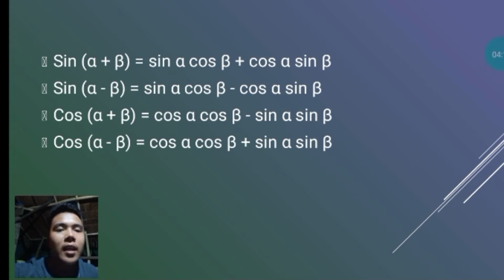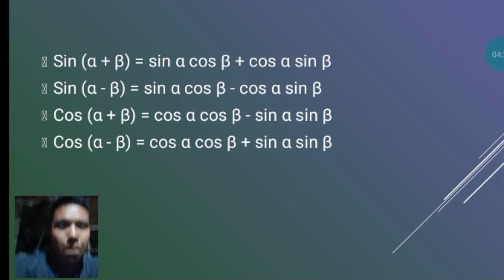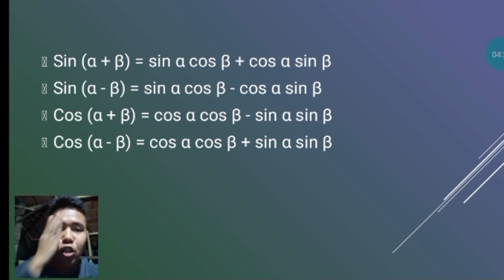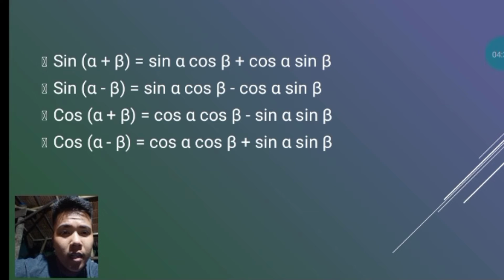Just like sine A times cos B plus cos A times sine B. You interchange the positions of sine and cosine. That is for sine.